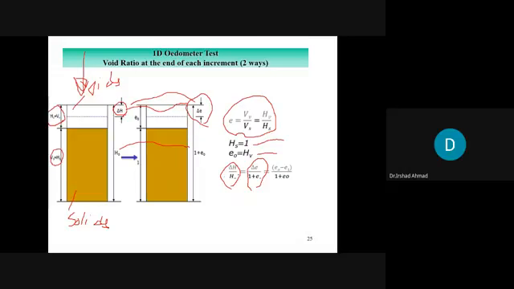From this we have delta H over H naught equal to e naught minus e1 over 1 plus e naught. You got the idea? This is a small equation that we have proved, but it has large significance. Very simple equation to prove.